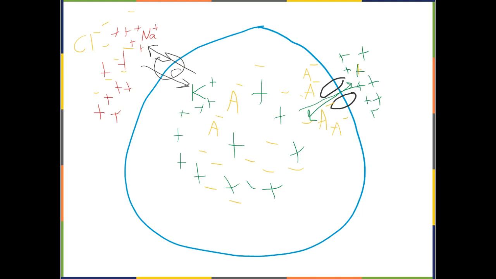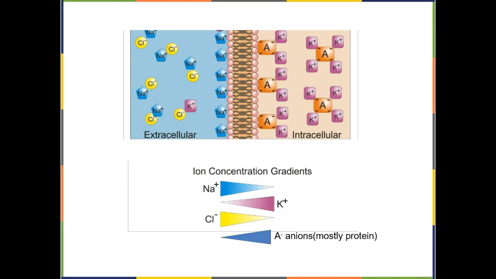So you're going to get to a resting state where potassium ions are going out and coming back in, and some potassium ions, some sodium ions are lined up on the outside of the membrane, being attracted to the anions that are lined up on the inside of the membrane.